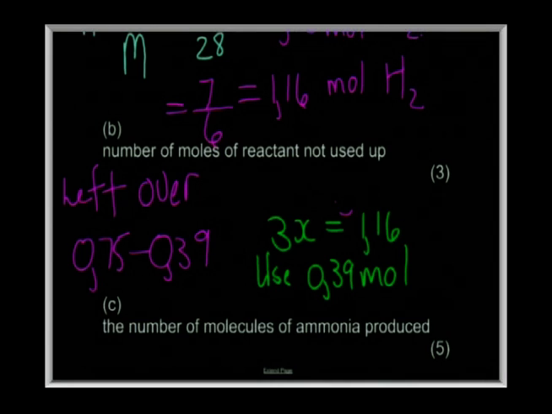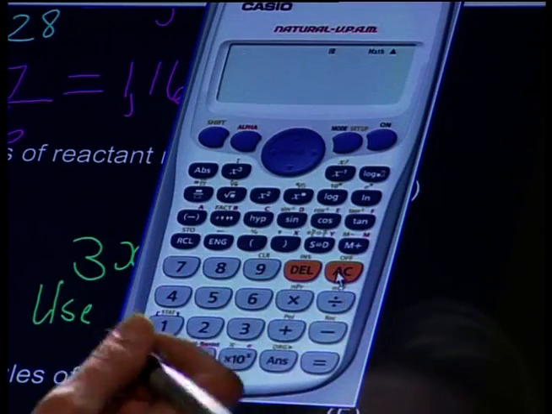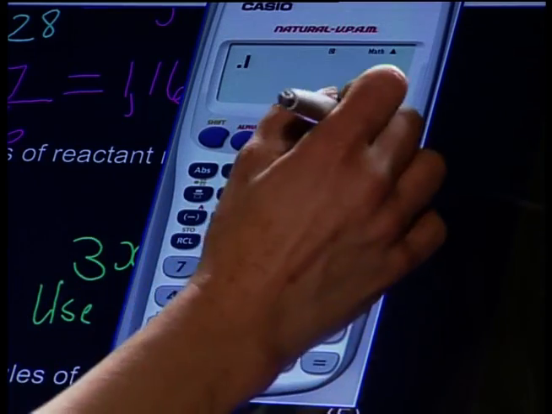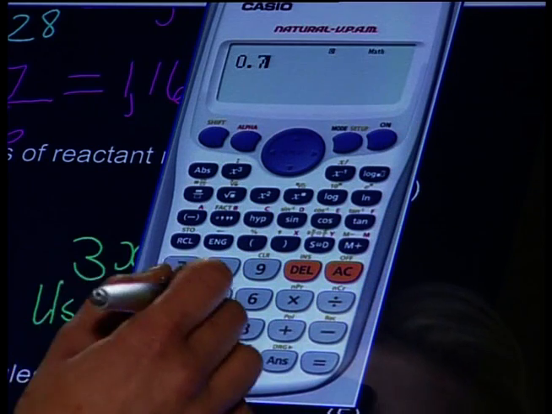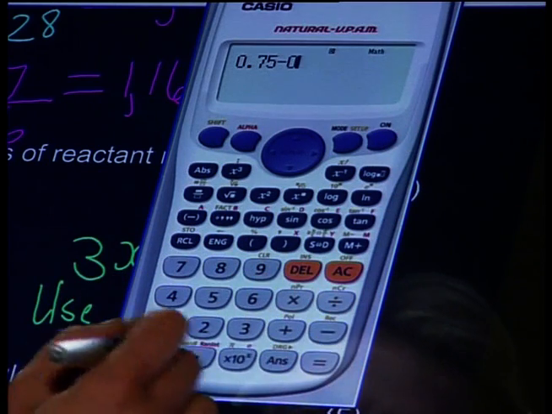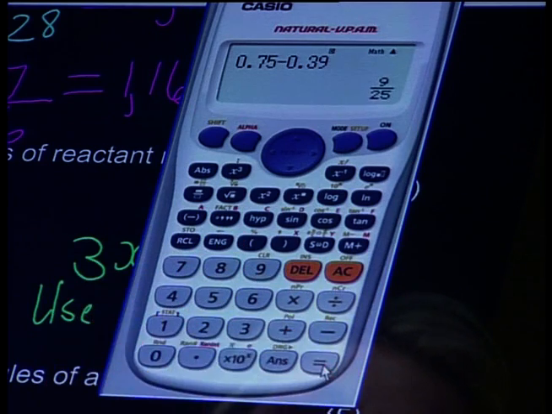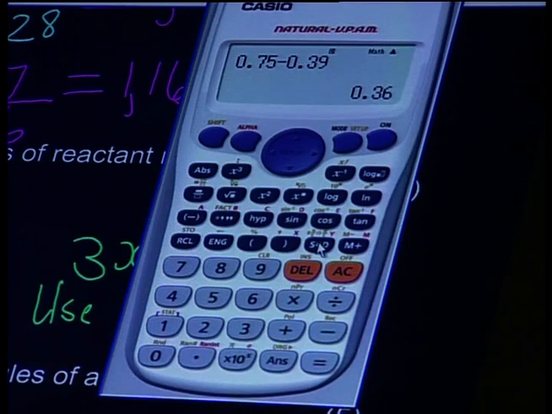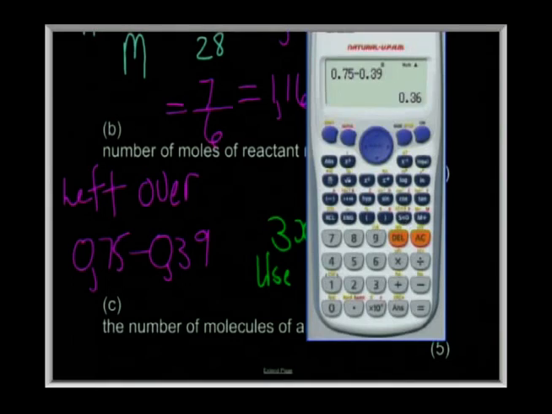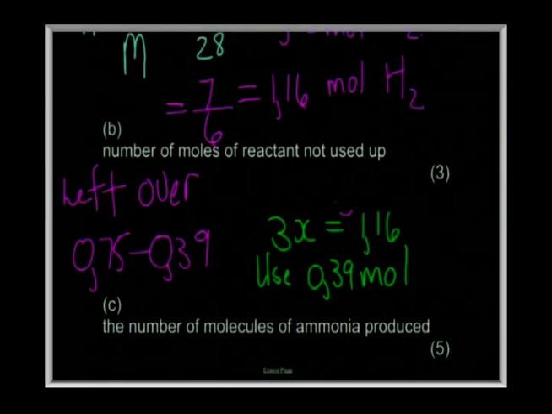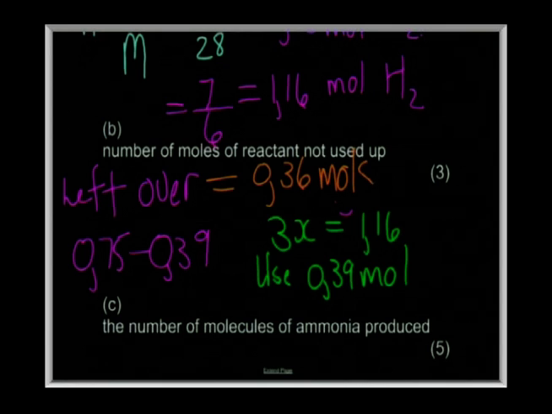Let's get our calculator again. 0.75 minus 0.39, and I am left with 0.36 moles of nitrogen. Let's write that in a different color. 0.36 moles of nitrogen.